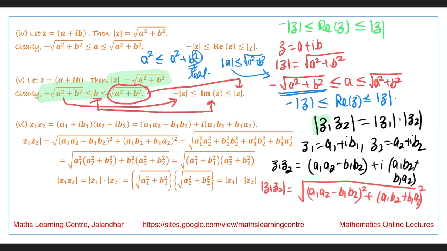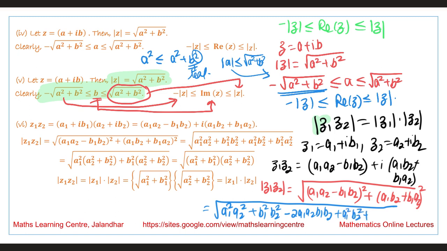Now if we open these whole squares, we obtain the square root of a1 square a2 square plus b1 square b2 square minus 2 a1 a2 b1 b2 plus a1 square b2 square plus b1 square a2 square plus 2 times a1 a2 b1 b2. These two values get cancelled, and we are left with this term.